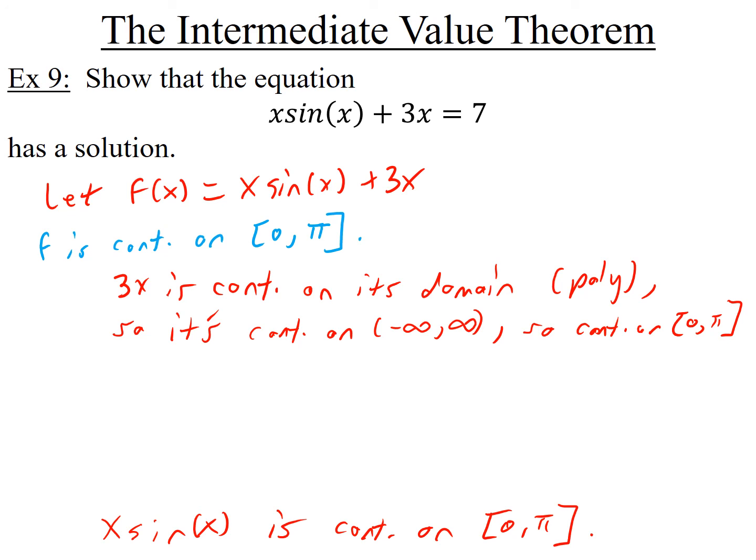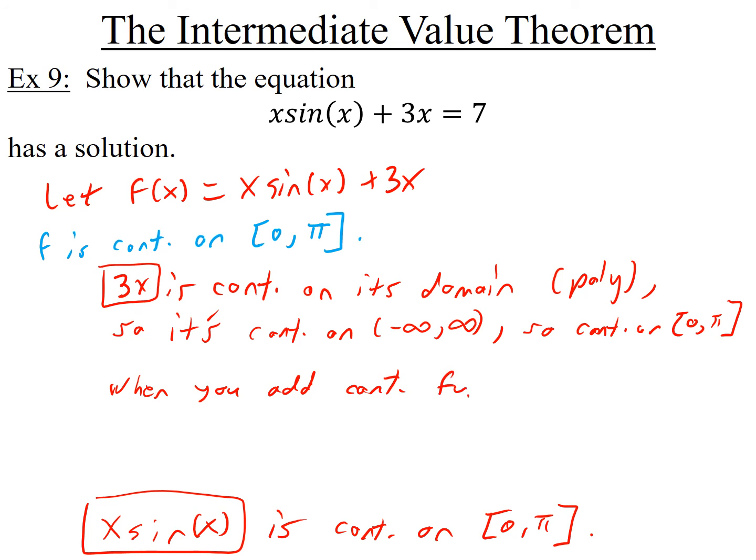Okay, and finally, since x sine x is continuous on 0 to pi, and 3x is continuous on 0 to pi, when you add them, you get something continuous on 0 to pi. When you add continuous functions, you get a continuous function.